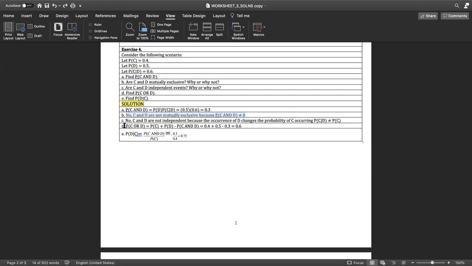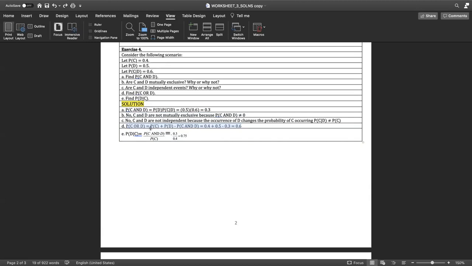And now finally in part D, we come to what's known as the addition rule of probability. And this is the probability of C or D. Either C happens or D happens. What's the probability of their joint occurrence? That is, either C occurs or D occurs.